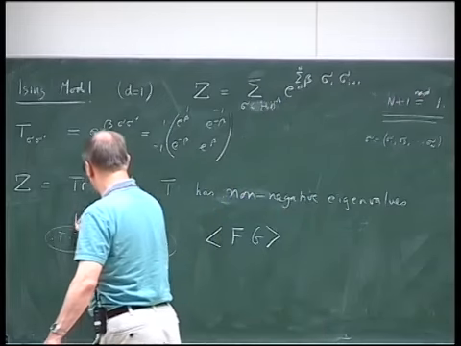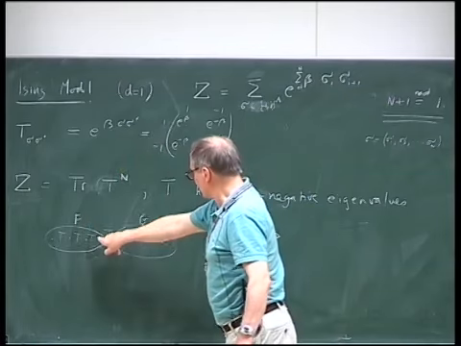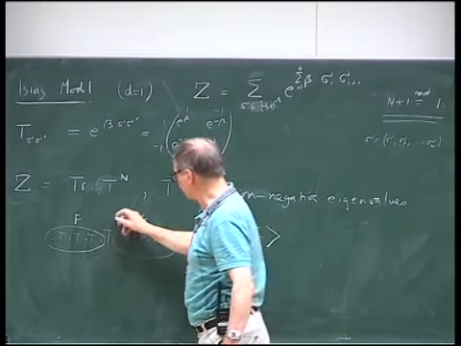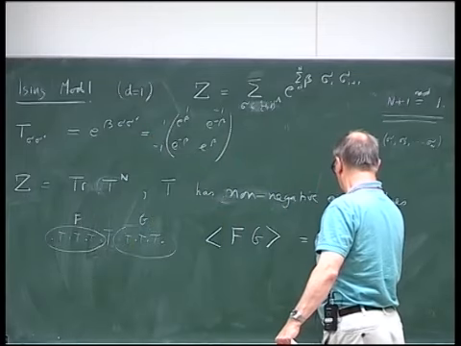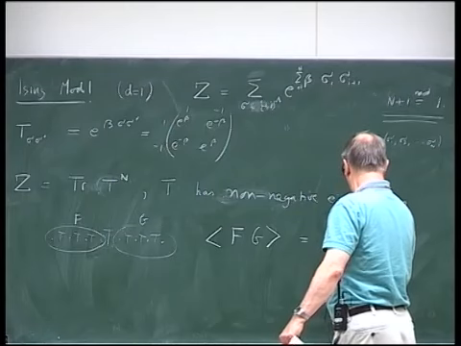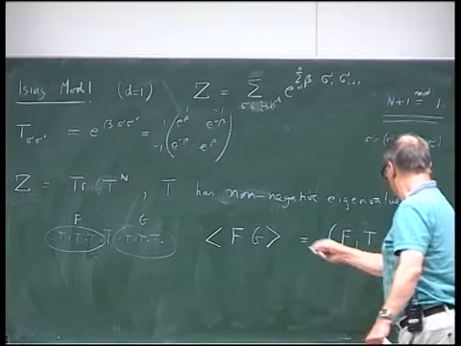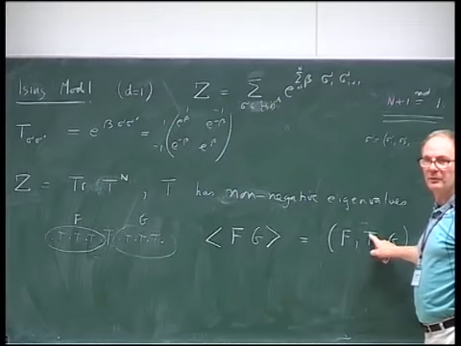F lives over here, and g lives over there, but none of it should cross the divide here, which is where I want to do my theta. You can write it as an inner product of f with a T in the middle and a g, like that. Now, if you do that, this is an inner product because this is a positive matrix.